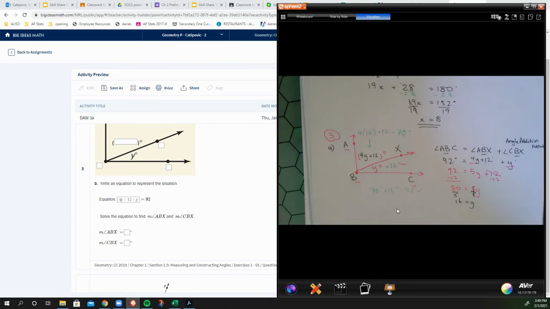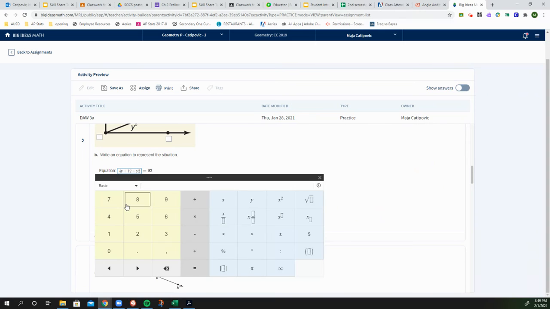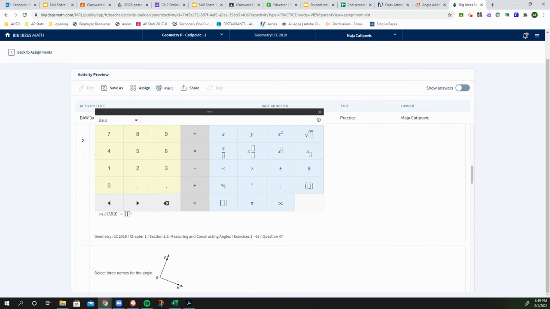They do. All right, great. So angle ABX is 76. Angle CBX, 16.